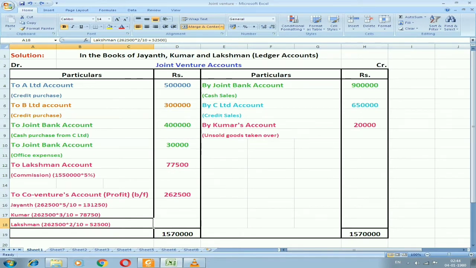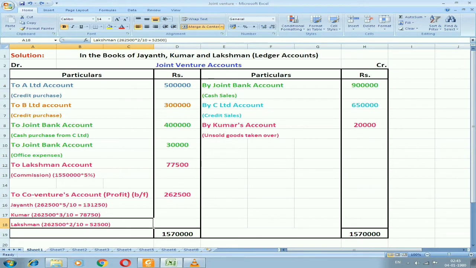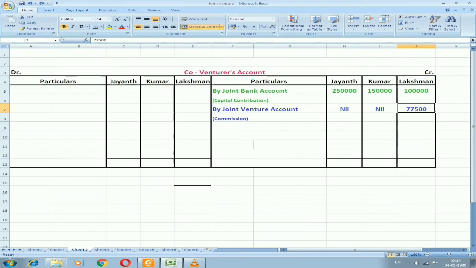You can see it is in the name of the co-venturer, so don't confuse creditors, debtors and co-ventures. Joint venture account commission is only in the column of Lakshman. Then we have profit, which is also supposed to be transferred to the credit side of the co-venture account. So I have transferred it. Other than that, on the credit side, we have one entry under the joint venture account.